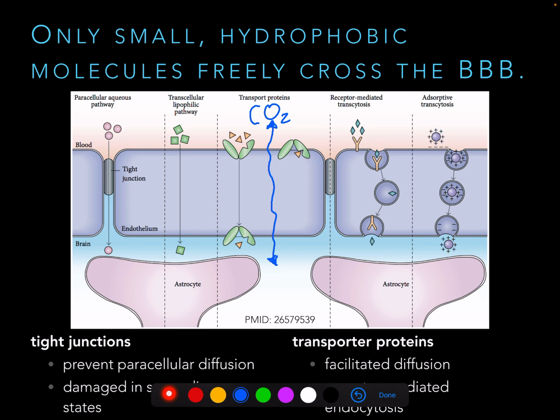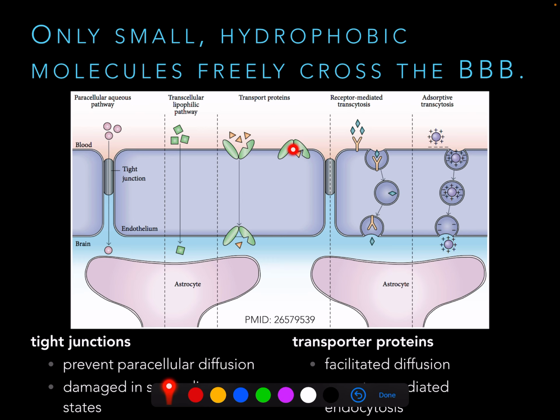However, there are other things that are slightly larger that we would like to transport into the brain. Things like glucose. Glucose is how we pay the bill. Transporter proteins are critical here. So the tight junctions are great because they restrict diffusion of anything that's not incredibly tiny. But if we want to move something, we need a transporter protein.